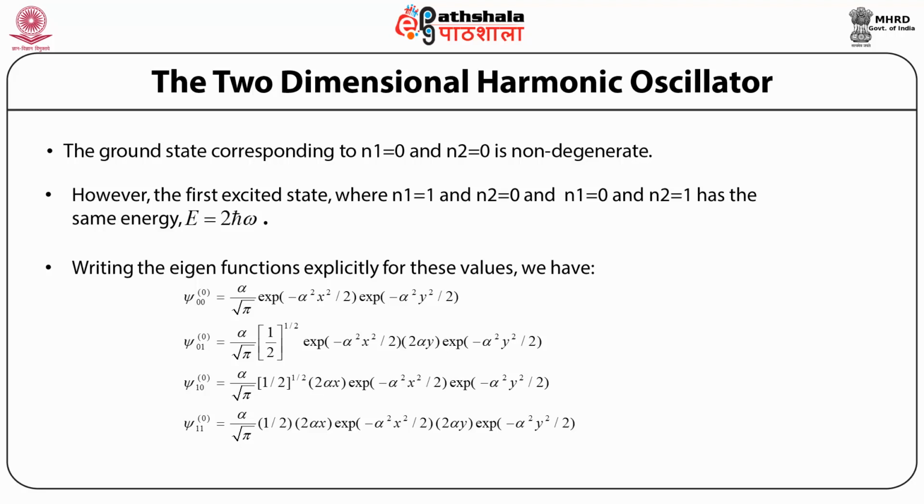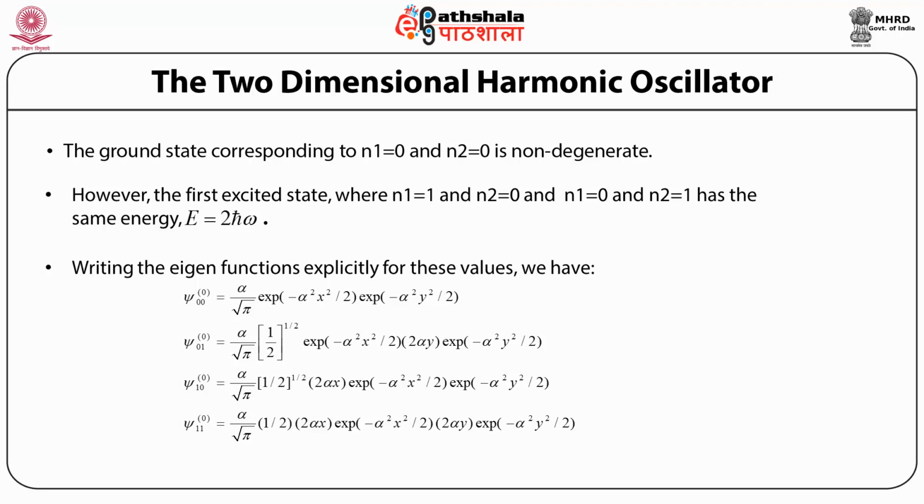Psi 01, which means n1 equals 0 and n2 equals 1, is given by alpha by square root of pi into 1 by 2 to the power half, exponential minus alpha squared x squared by 2 into 2 alpha y into exponential minus alpha squared y squared by 2.